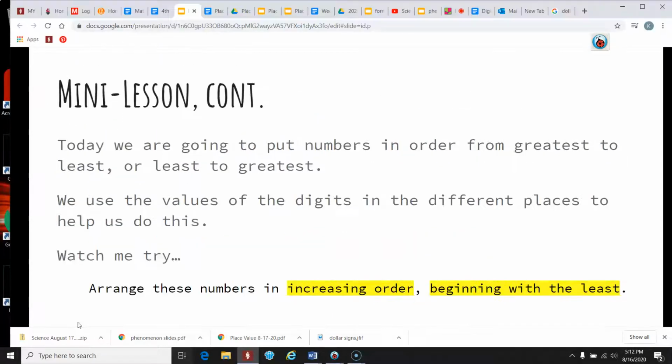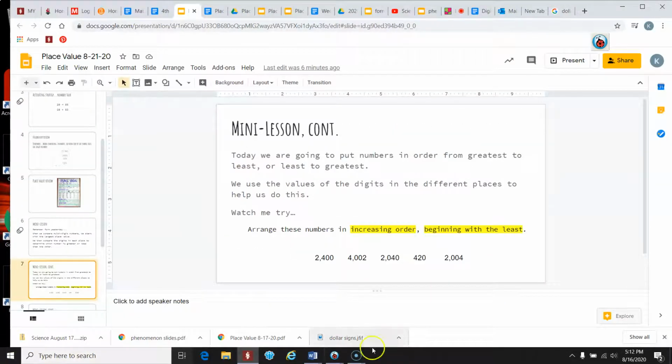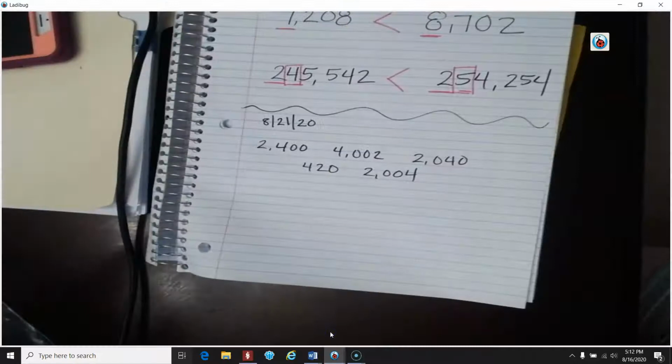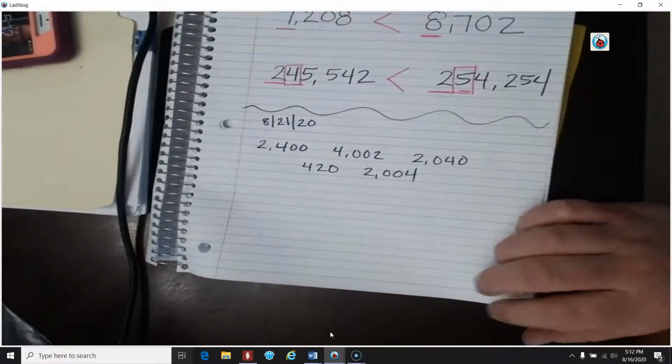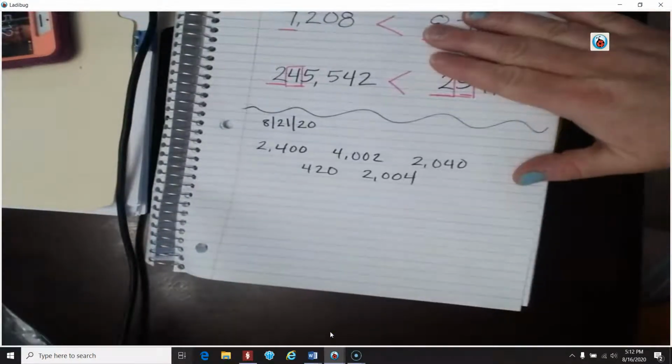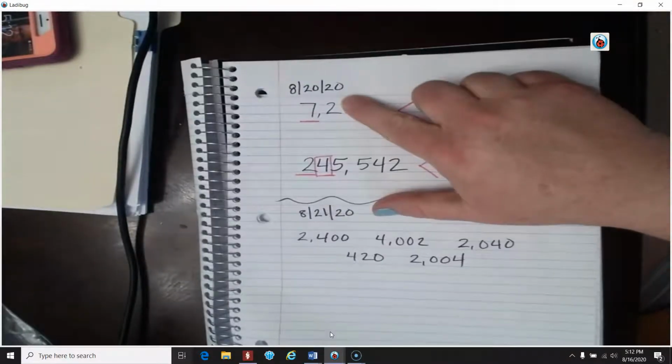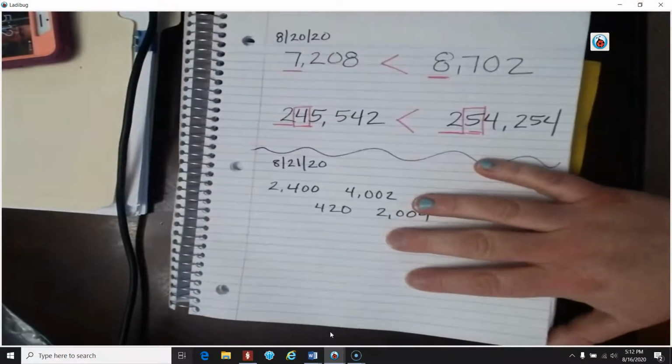Okay, so I'm going to switch over to my ladybug so you guys can see my work. Now you can see I am continuing on the page from yesterday. I added the date, so I have yesterday's work here, and this is today's.